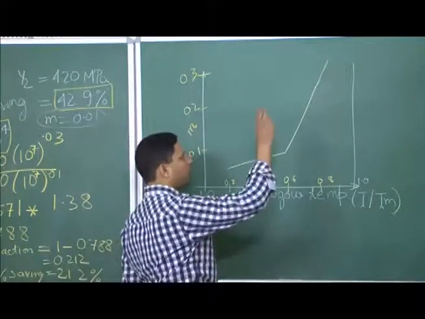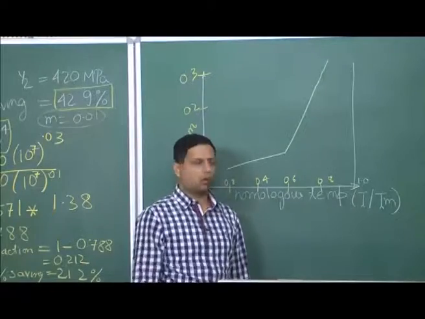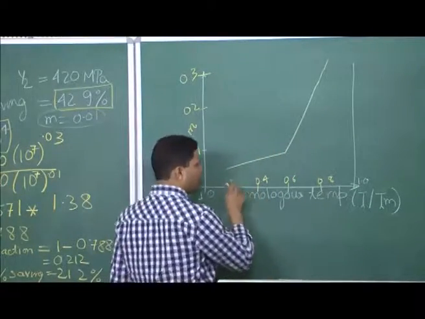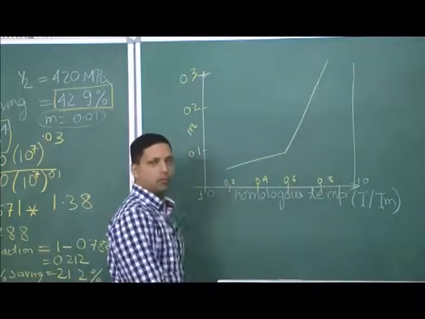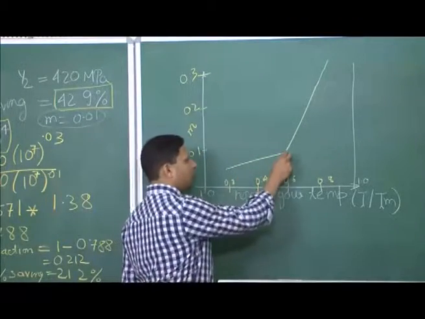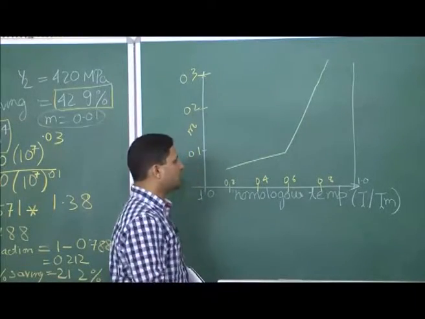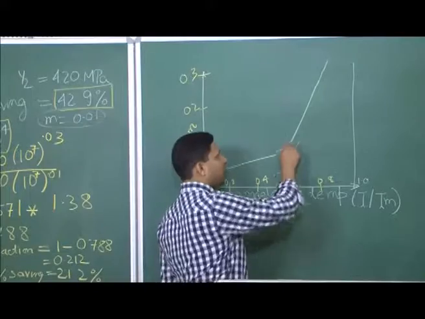For almost all materials, you would see the variation in m like this. Up to a temperature close to 0.5 Tm, m is very small, it increases with temperature, but not by a large magnitude, but beyond 0.5 Tm it just shoots off.